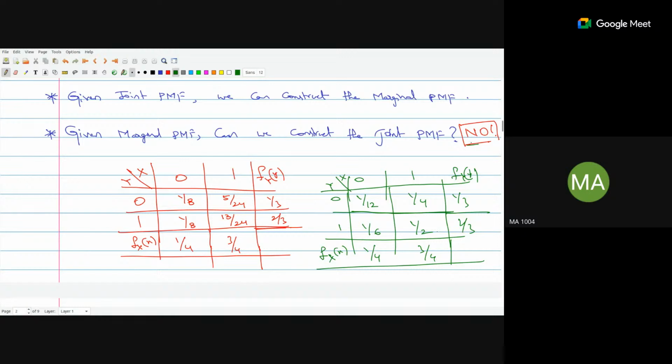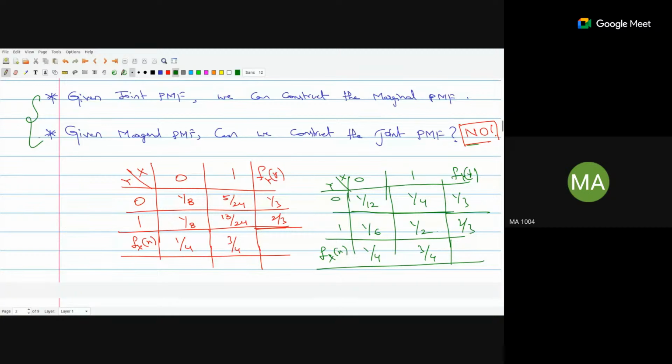So that is why we cannot construct a unique joint PMF. The joint PMF you construct may not be unique. This is one property you should know: given the joint PMF, we can construct the marginals, but given the marginals only, we cannot uniquely define the joint PMF.